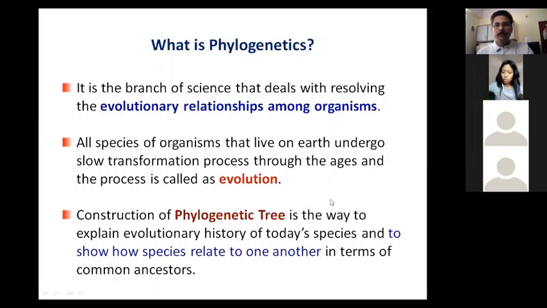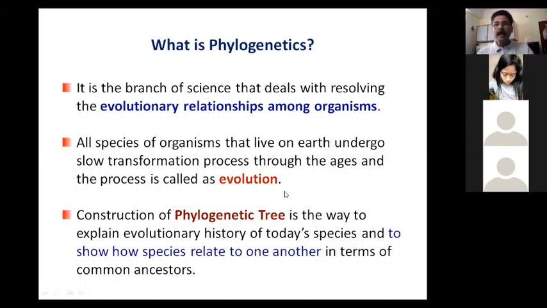All species on Earth, according to biological evolution, have emerged due to certain evolutionary changes in the genotype, ultimately resulting in development of different strains and species.